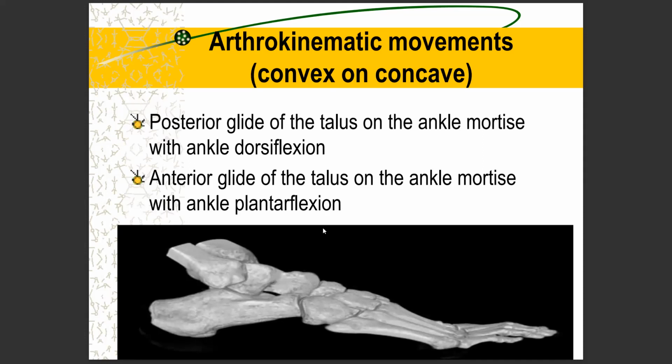So what is the glide during dorsiflexion? There is posterior glide of the talus in the ankle mortise. There is anterior glide of the talus in the ankle mortise during plantar flexion. So the point to remember is that during plantar flexion there is anterior glide of the talus, and during dorsiflexion there is posterior glide of the talus in the ankle mortise.